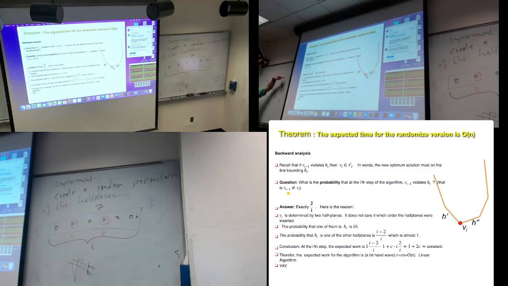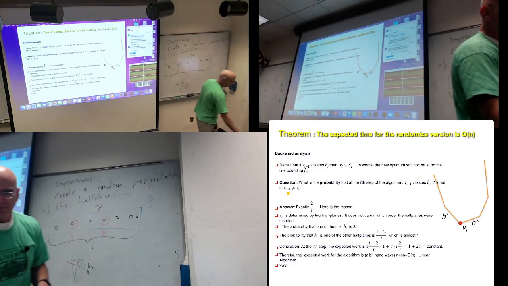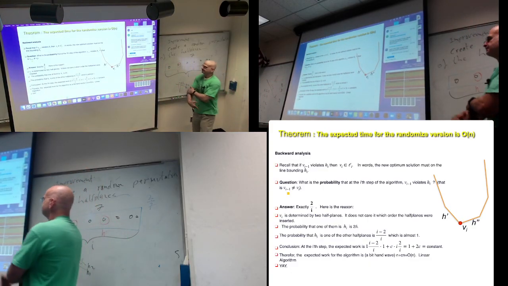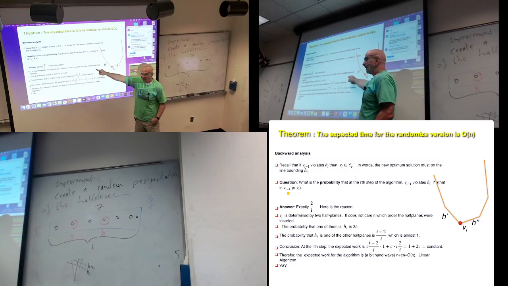It's 1 over n, because this particular point, the maximum, has the same probability in a random permutation to appear first, or second, or third, or last. So the probability that at the i step I need to call the one-dimensional linear programming is only 2 over i.